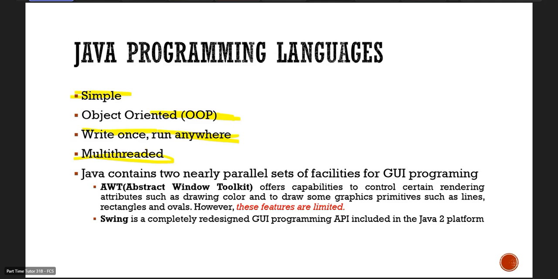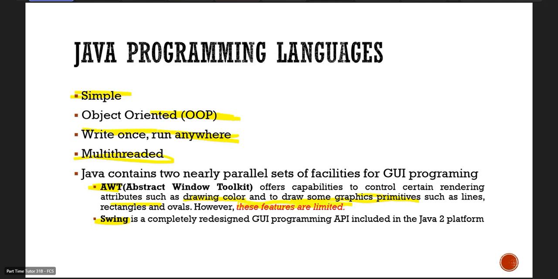And in Java, generally, we have two libraries that you can use. We have the AWT and we have Swing, and we will see how to use both. AWT is the Abstract Window Toolkit. It offers the capabilities to control certain rendering attributes like drawing color, and drawing some graphic primitives like lines, rectangles, ovals, etc. These features are limited.